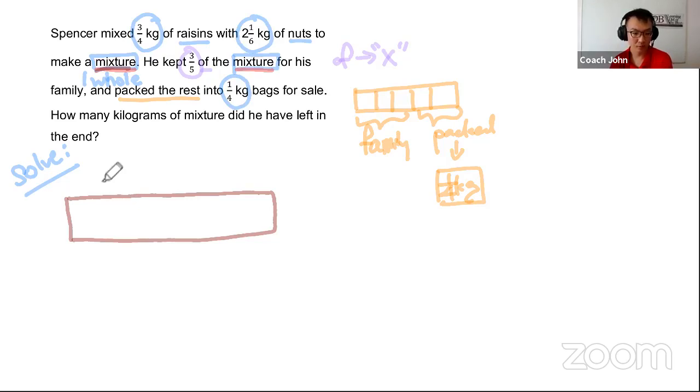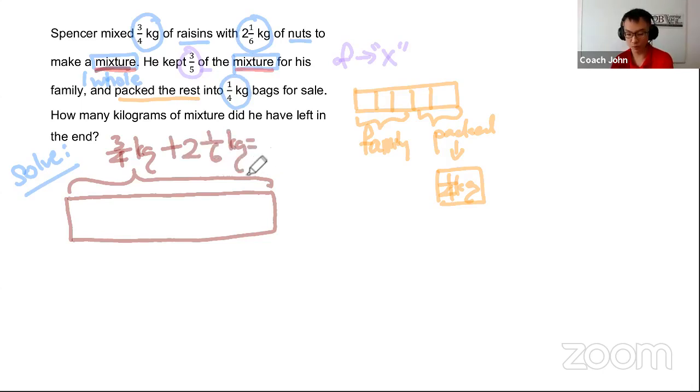All right, so when you have the whole mixture, you have 3/4 kg plus 2 whole and 1/6 kg. So you want to practice even putting the units here. It's a bit troublesome, but when you do it, your child actually models after you.